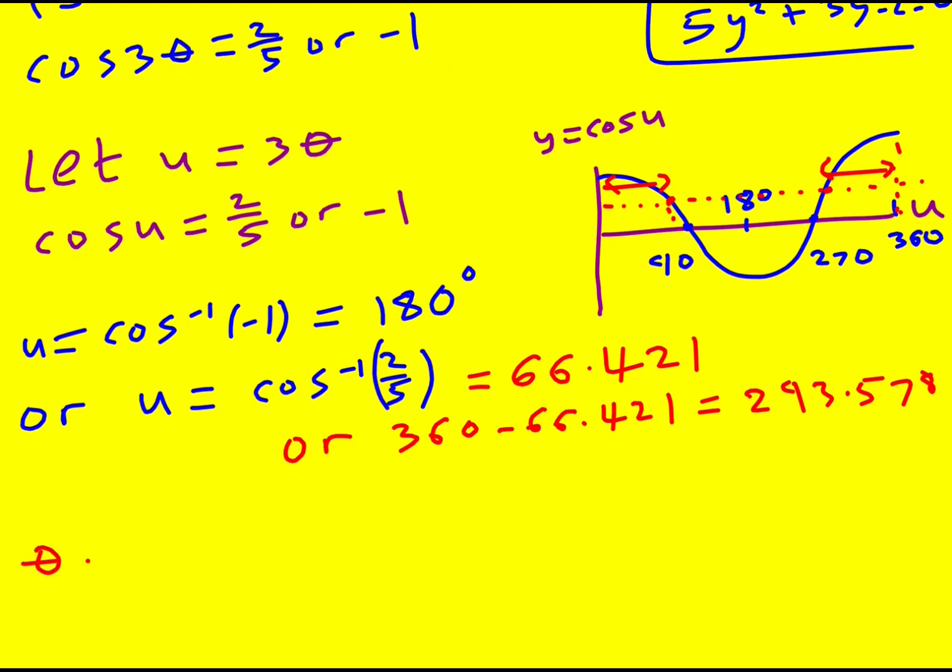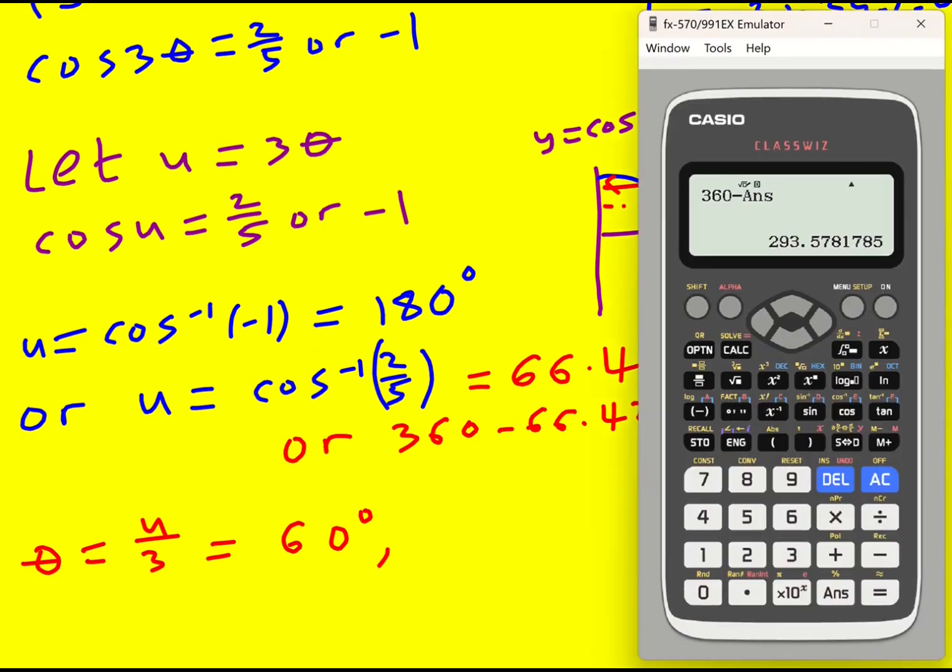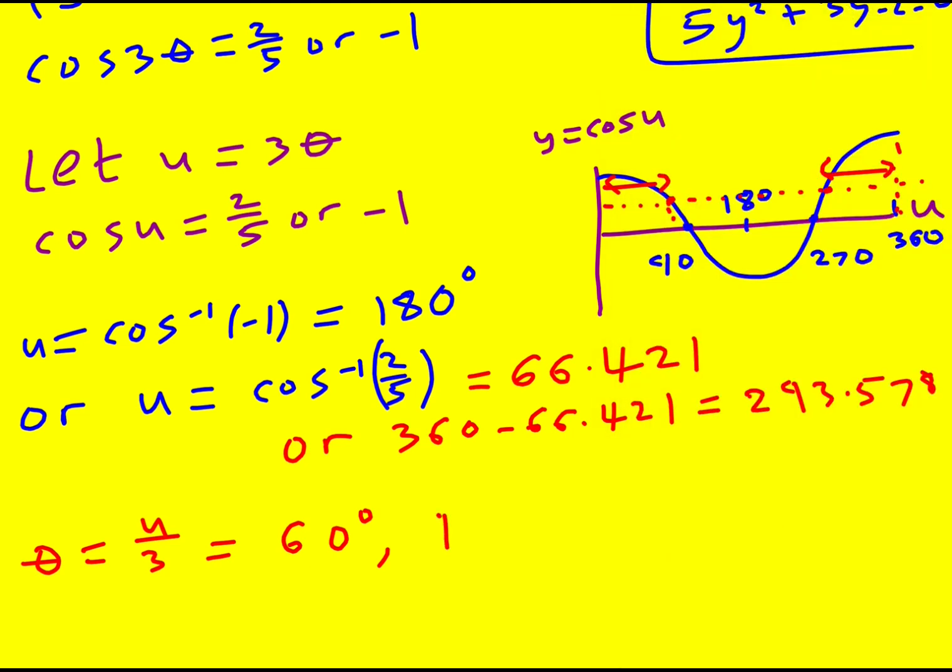So theta is equal to u divided by 3. So it's going to equal 60 degrees, 180 divided by 3. I've already got the answer for this one, so I might as well do it straight away from here. 97.9 degrees. Technically, it was 97.85.